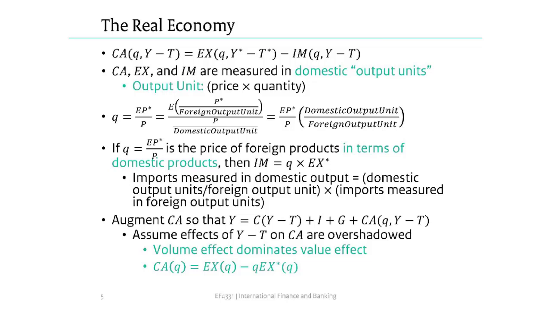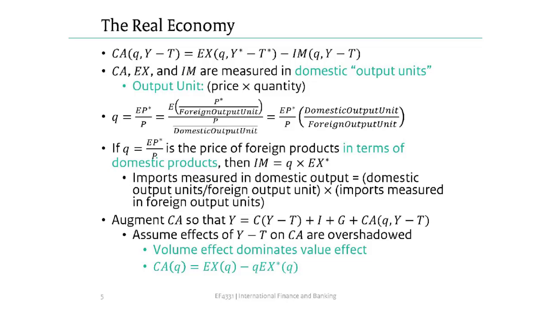All right, so one part of the current account equation that might be confusing is how to actually convert this IM of the current account equation, the import part of the equation, into Q times EX star, right? I kind of gave you a hand-wavy explanation of how to interpret IM in terms of domestic units, domestic currency, or in this case, domestic output.